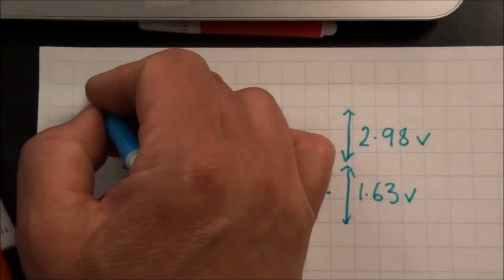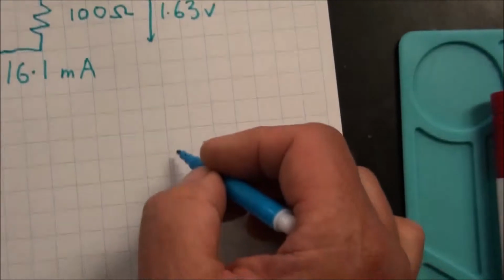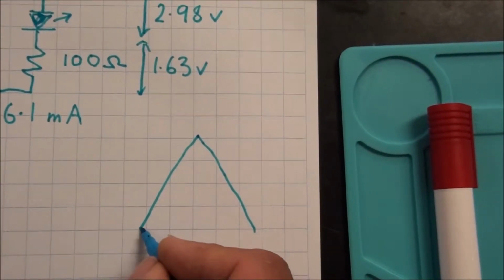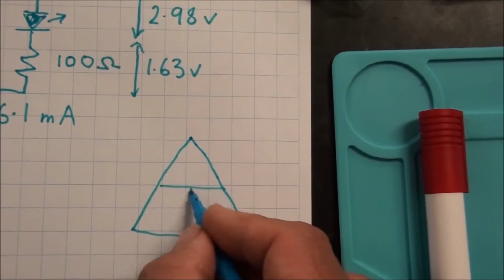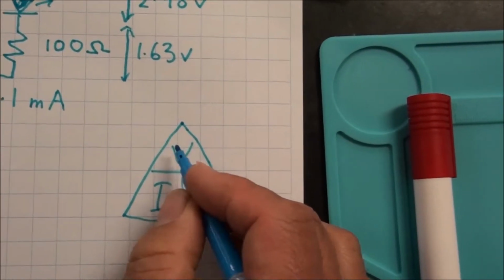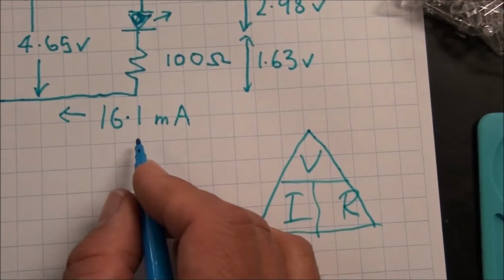Okay, so just adding this. Alright, so let's draw the Ohm's law triangle again. V, I, and R. V for voltage, I for current, R for resistance, and all the units have to be in standard units.